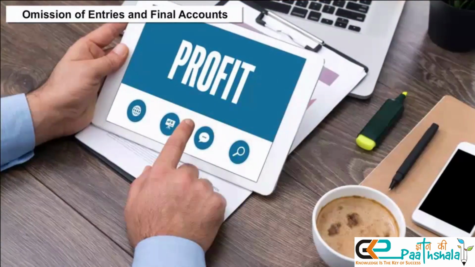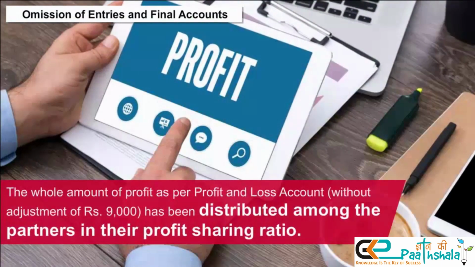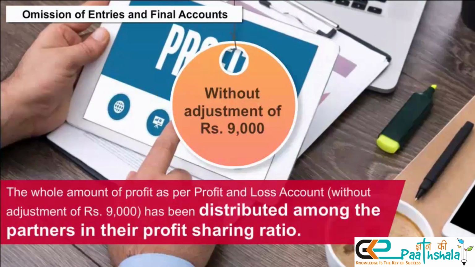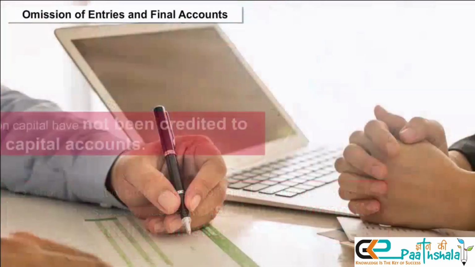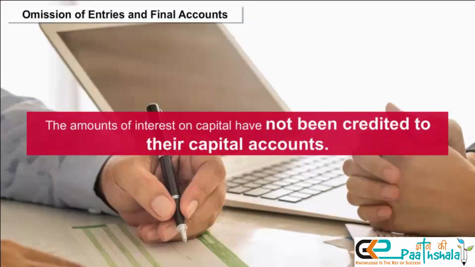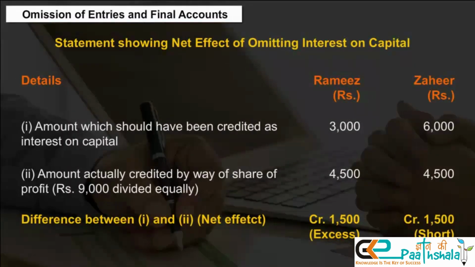By this omission, the whole amount of profit as per the profit and loss account, without adjustment of Rs 9,000, has been distributed among the partners in their profit-sharing ratio, and the amounts of interest on capital have not been credited to their capital accounts. This error can be rectified in any of the following ways.